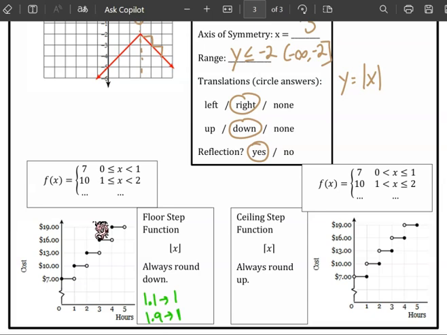There is a closed point on the left side of each step, and there's an open hole on the right side of each step. And then for the ceiling step function, you always round up. So if you had 1.1, that would give you 2. 1.9, that also gives you 2. For this one, the right side is the side with the closed point, and the left side of each step is where it has an open hole.